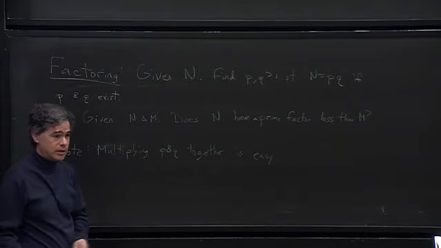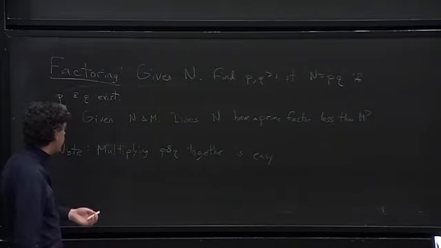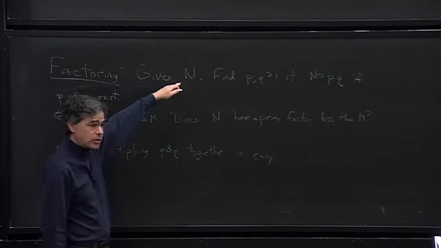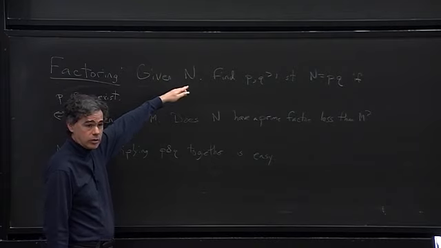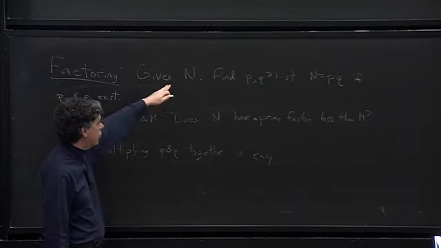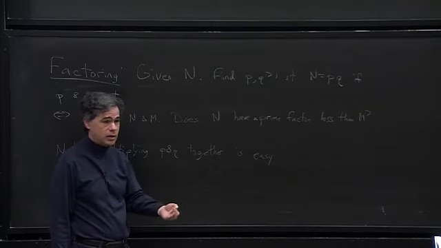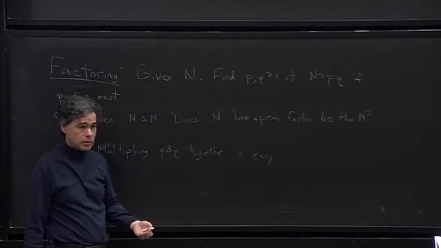You learn that in elementary school. But the reverse problem of factoring seems to be hard. Certainly, there's no obvious way to do it. You could try a bunch of different prime factors, but again, that's an exponential algorithm.